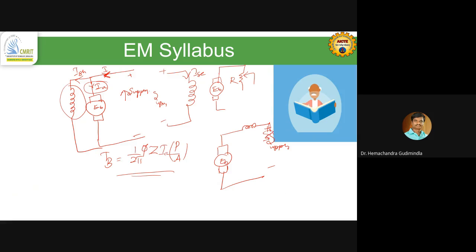Under braking condition, the EB terminal I will give to the braking resistance. So that means you have connected the complete motor across the braking resistance. If you are increasing the resistance, you can control the speed of the motor.